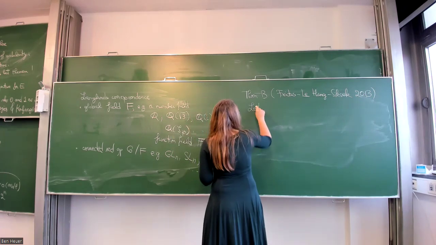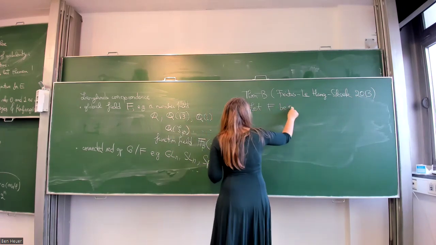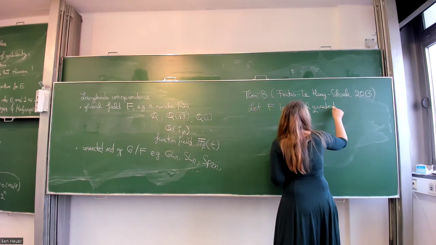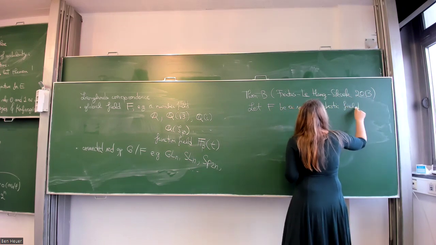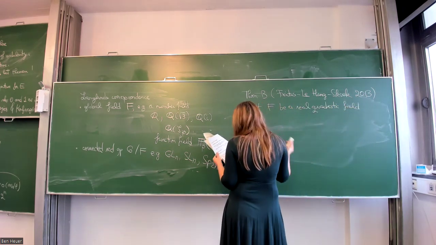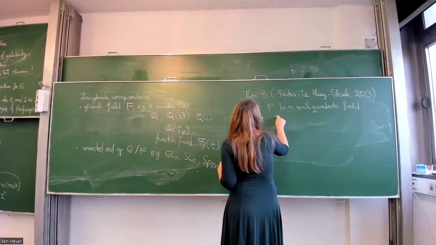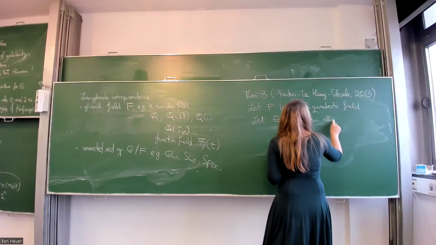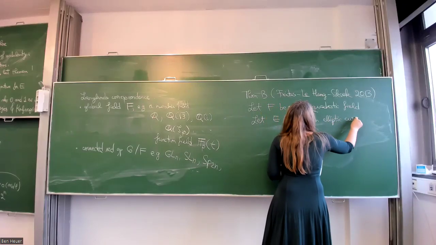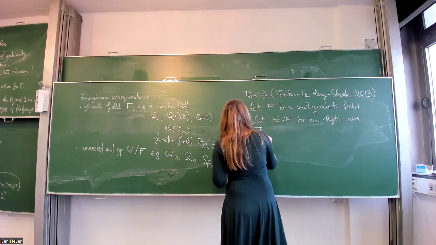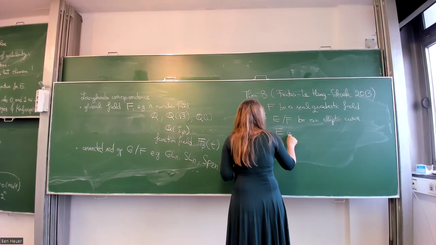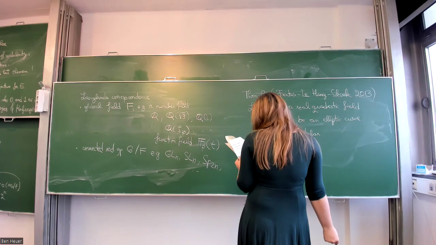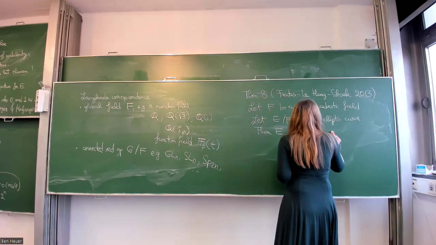Let F be a real quadratic field. Let E over F be an elliptic curve. Then the same thing is known in this case: E is modular. And what does this mean?